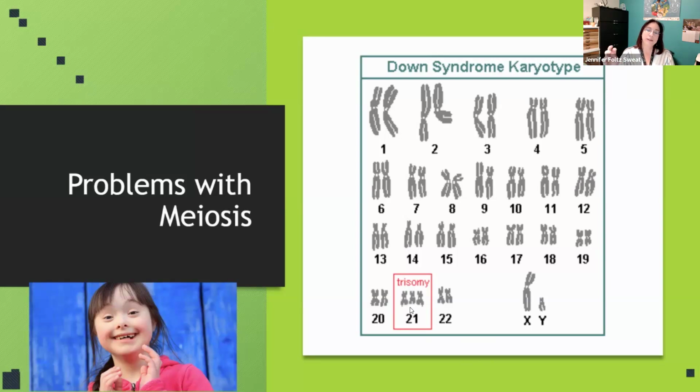But what happens is called non-disjunction. And so the chromosomes do not separate correctly during metaphase or anaphase. And so usually the resulting egg has an extra 21st chromosome, right? And then that has all kinds of implications for the development of the baby.